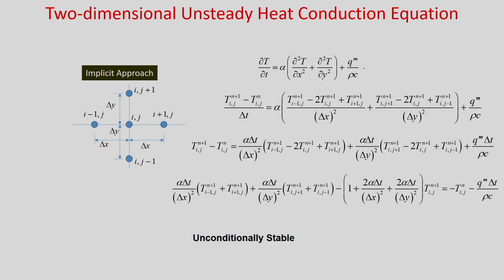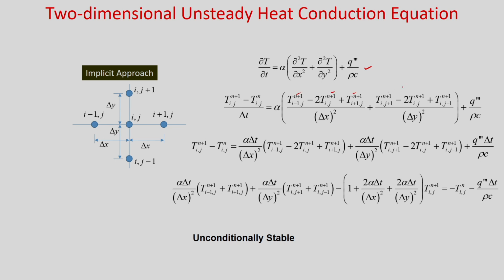Now, we will use backward time, and in that you will get more than one unknown, and you will get a system of linear algebraic equations, and this method is known as implicit method. So, the same equation we are considering, 2 dimensional unsteady heat conduction equation. Now, if you discretize using first order, this is your T i j n plus 1 minus T i j n divided by delta t, and all these terms you write in terms of current time level n plus 1.